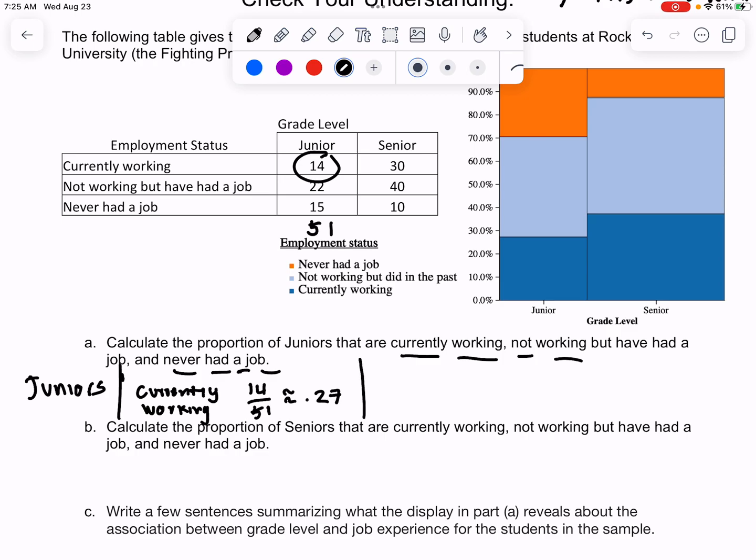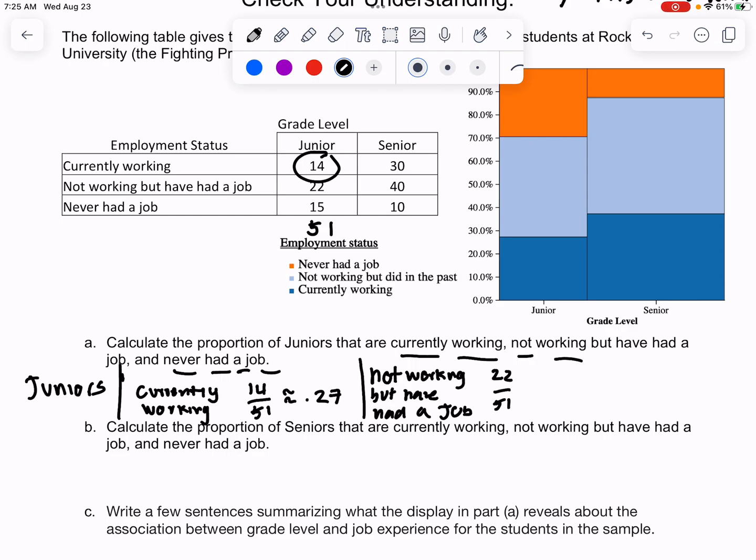Okay, and then let's find the ones that are not currently working but have had a job. Again, we're just looking at juniors, so this is a conditional frequency, and that would be 22 out of 51.